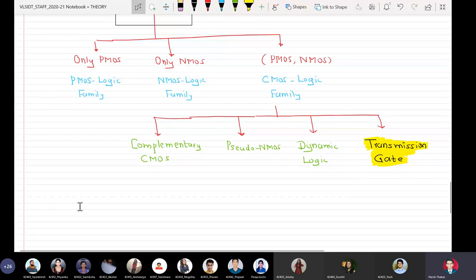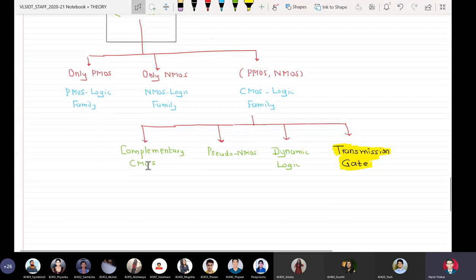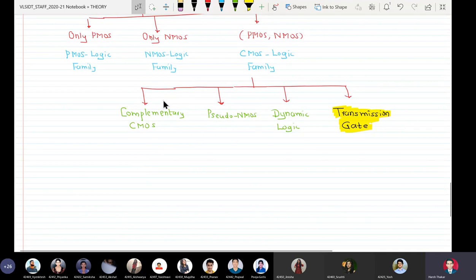Okay, so what are the differences between all 4 subfamilies under CMOS? It's very simple.